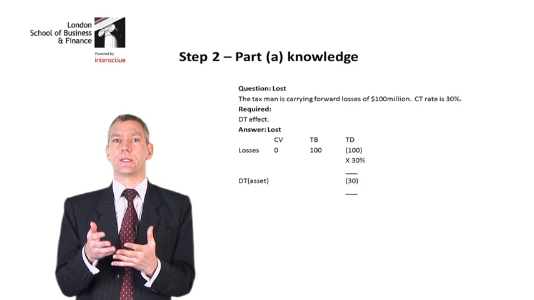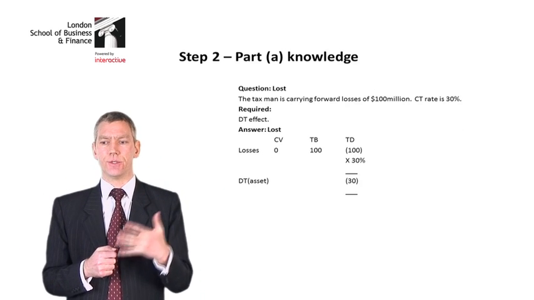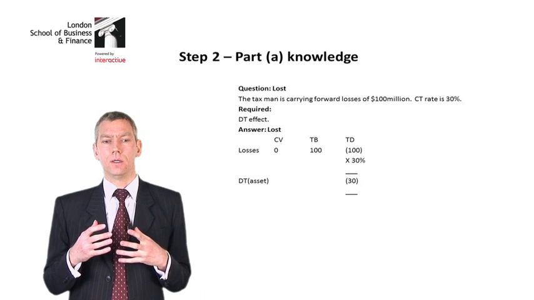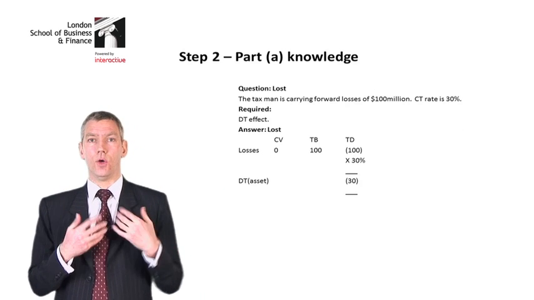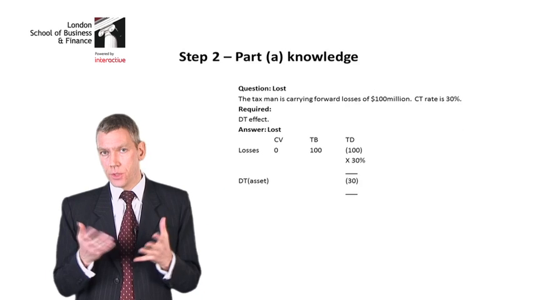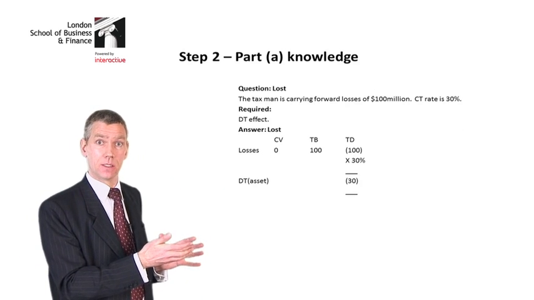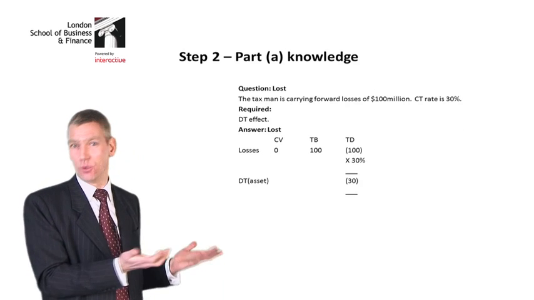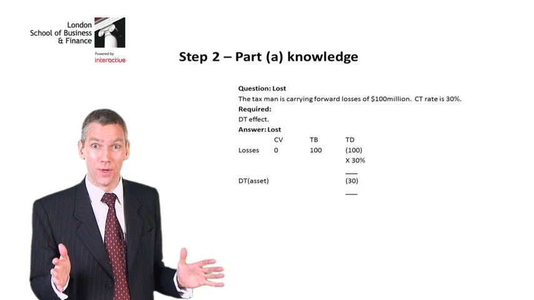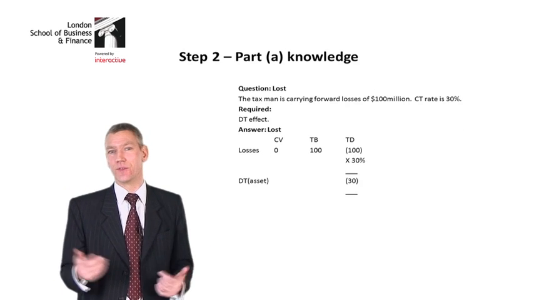But what about the tax accountant? Well, the tax accountant does something weird. When you make losses, in this case losses of 100 million, do you multiply the loss of 100 million by 30%, send off to the taxman, and he gives you back 30 million? No, you don't get your 30 million back from the taxman like that.